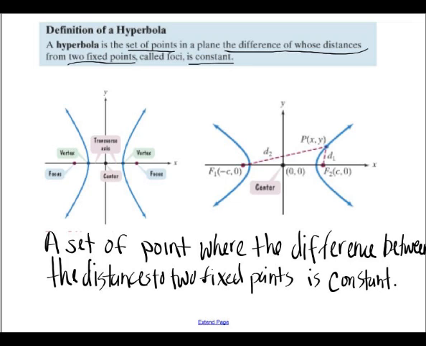A set of points where the difference between the distance to two fixed points is constant. So the good news is the definition kind of fits the standard form.